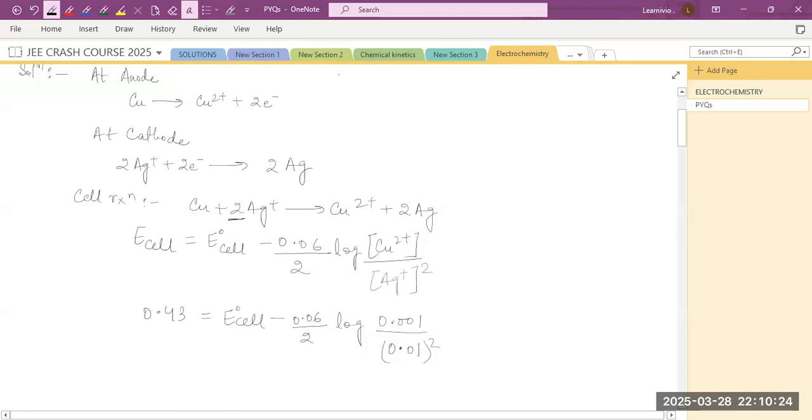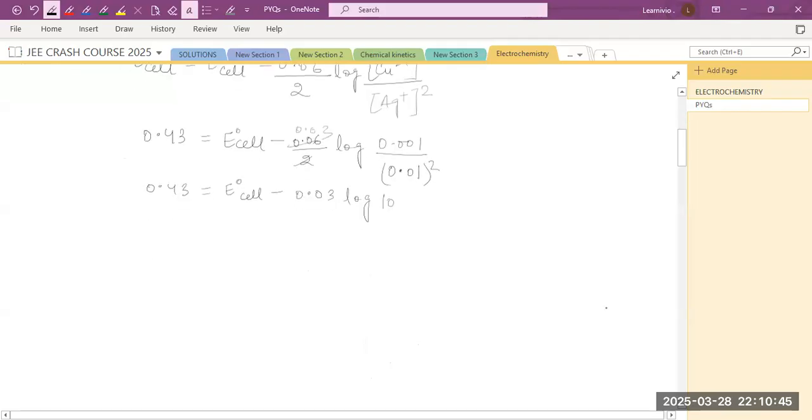Now calculate the value. 0.43 equals E naught cell minus 0.03, and when you calculate this, you will get log 10.